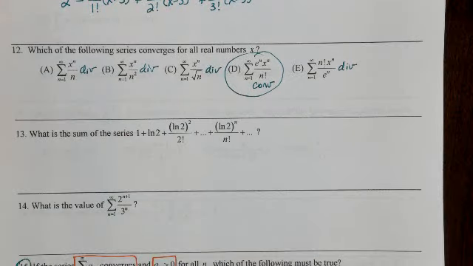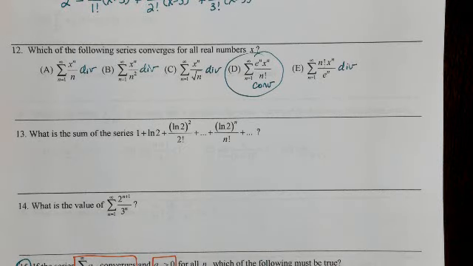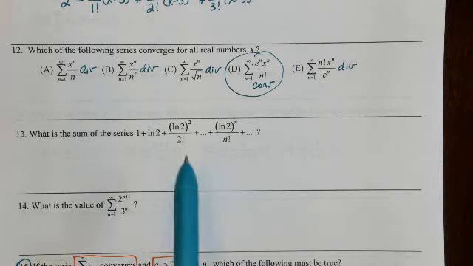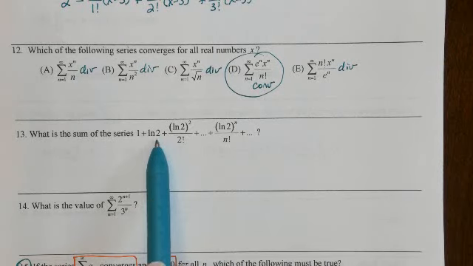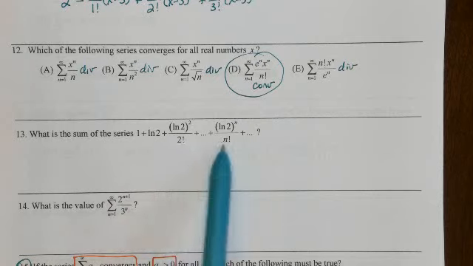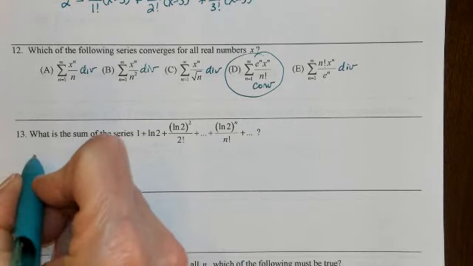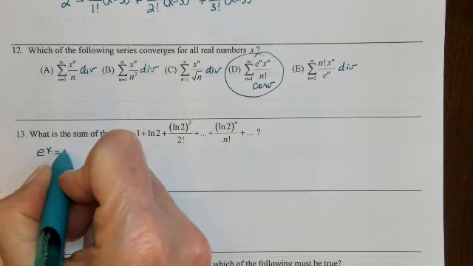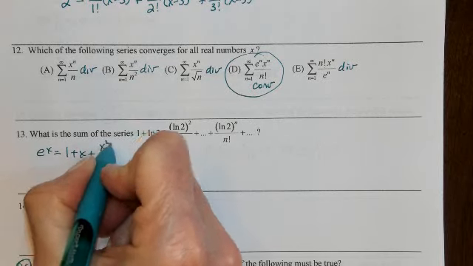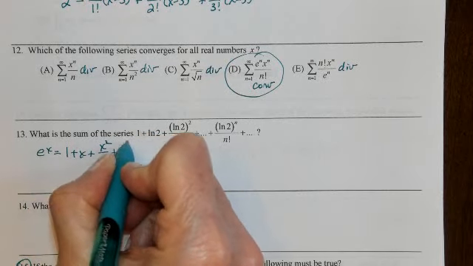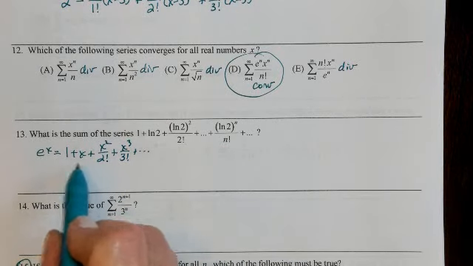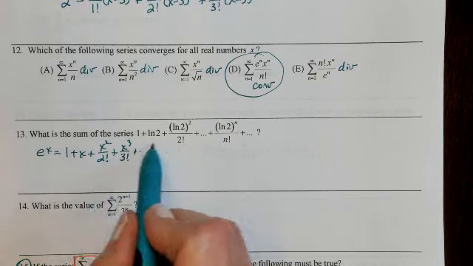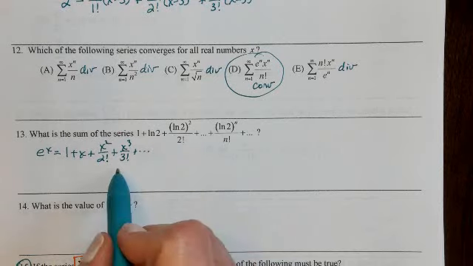Okay, on to number 13 here. What is the sum of this series? Well, again, we're limited in the types of series that we can actually find the sum of, so we're looking for factorials, and I see these factorials. I see a 1 factorial, 0 factorial, 2 factorial. So this is e again. So I write the series for e to the x. And then this is that series if x is ln of 2, right?